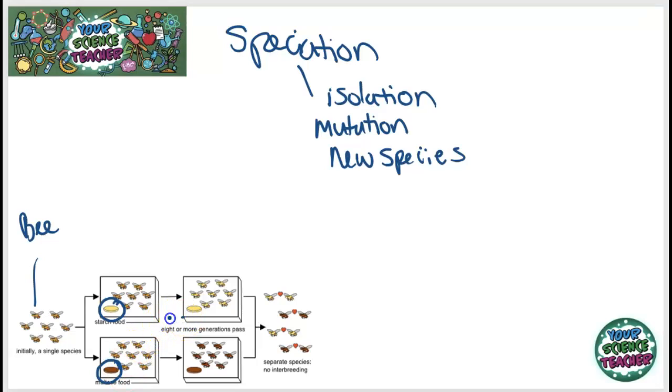And after 8 or more generations have passed, these two groups can now no longer breed with one another to produce fertile offspring, proving speciation, proving the fact that you have created two different new species.